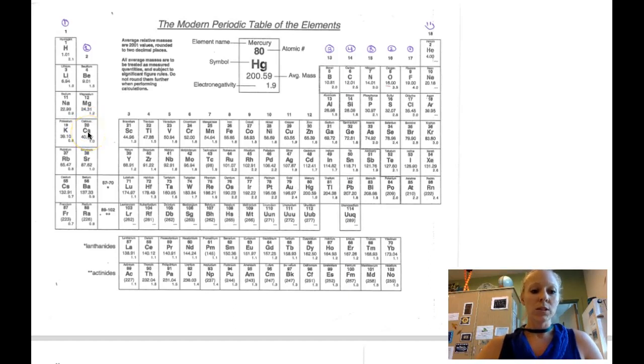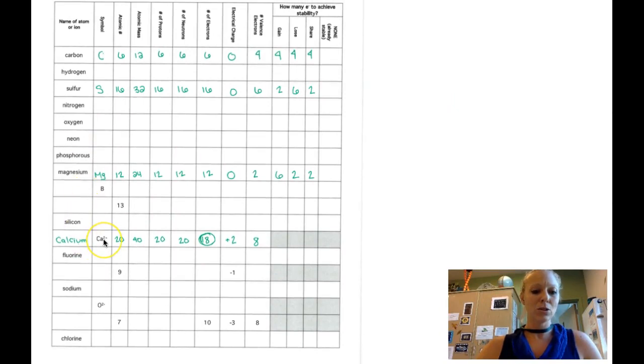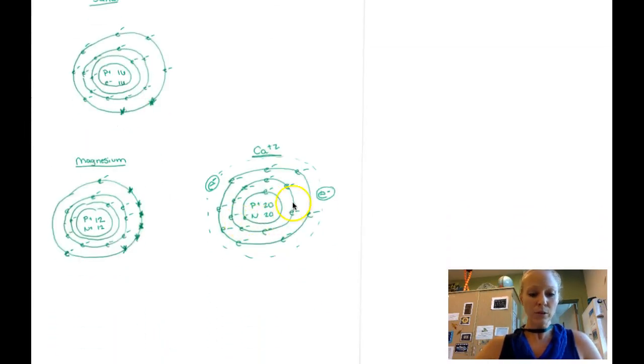And this down here is saying that it is a calcium plus 2. So at this point, it will have to have given up 2 negative charges. Let's look at what that looks like here. So if this is calcium, a regular neutral calcium atom would have all 20 of these electrons.